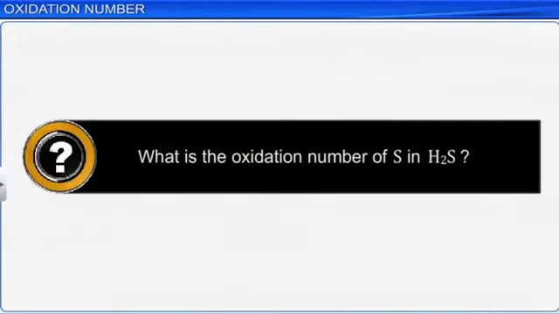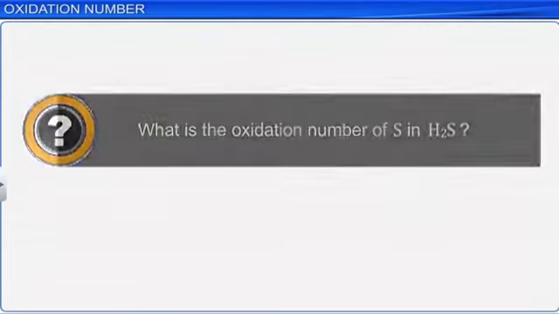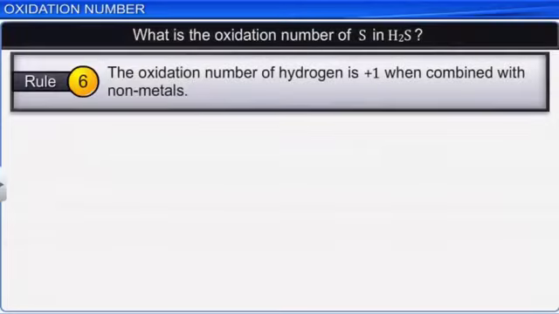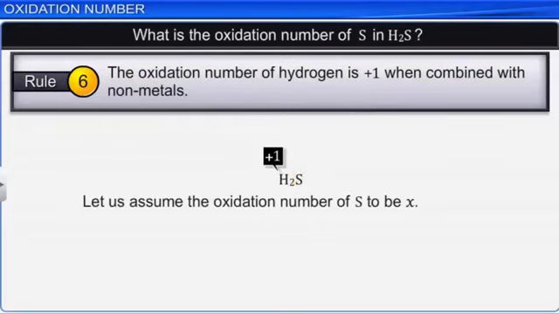Now, let's apply what we have learned and determine the oxidation number of sulfur in hydrogen sulfide. According to Rule 6, the oxidation number of hydrogen is +1 when combined with nonmetals, in this case, sulfur. Let us assume the oxidation number of sulfur to be x. We will write the oxidation numbers of the atoms above the chemical symbols.